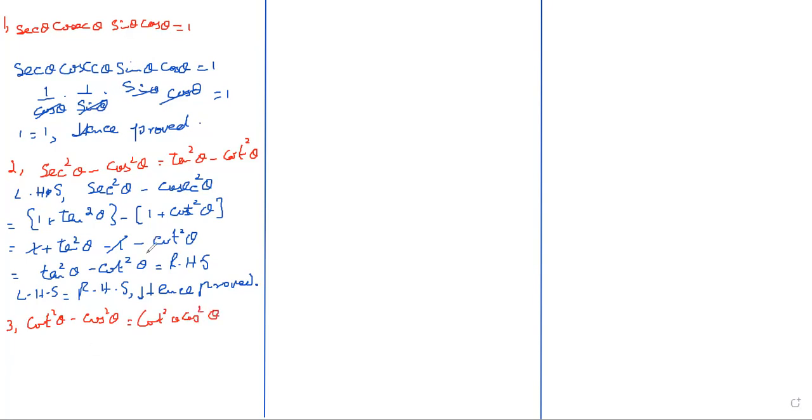Take left hand side first. So left hand side is cotangent square theta minus cosine square theta.